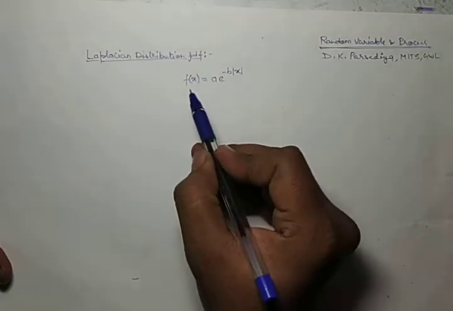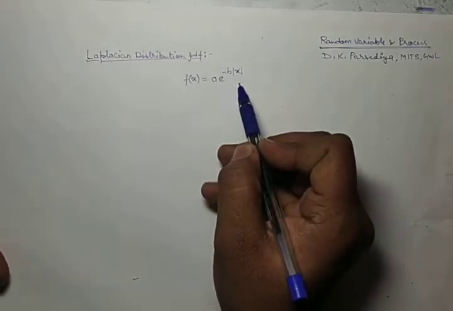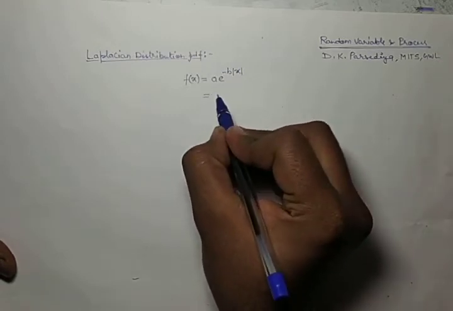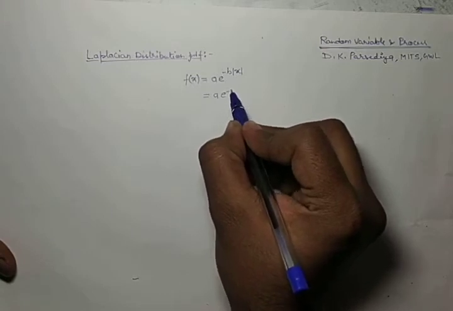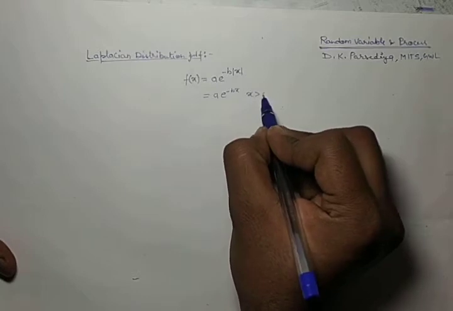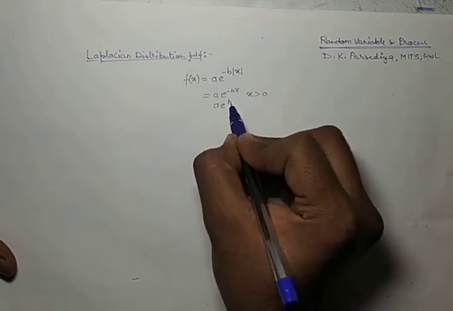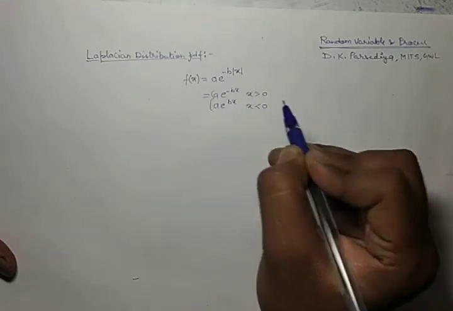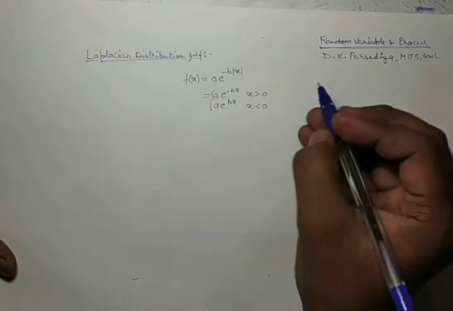So this function is given by f(x) = a e^(-b|x|), or we may write this function as a e^(-bx) for x greater than 0, or a e^(+bx) for x less than 0. So this is the representation of Laplacian distribution function.